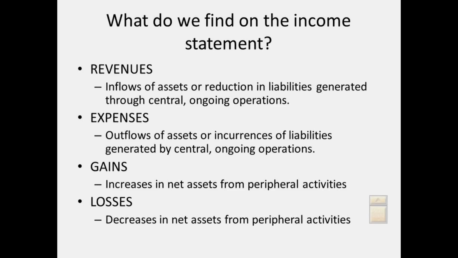Okay, so what are we going to have on our income statement? We're going to have revenues. You know about these, right? This is the stuff that increases our assets or reduces our liabilities. Typically, we call revenues those activities which are part of our normal core operation. Okay? We're going to contrast that with gains, which also increase our assets or decrease our liabilities.